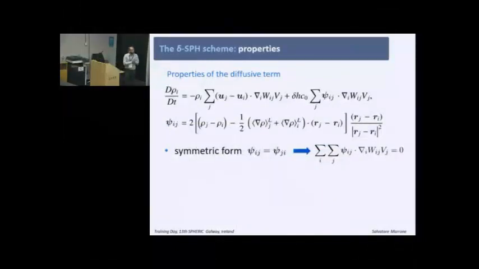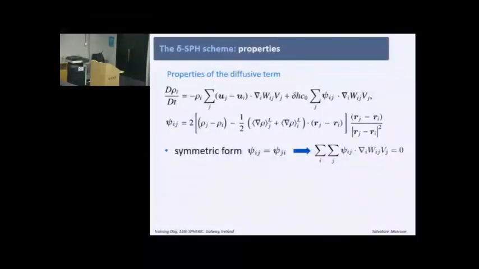Another thing, just a few words about the properties of this diffusive term. As I said, it's symmetric, so Psi-ij is equal to Psi-ji, and the sum over all the diffusive terms is equal to 0 due to the cancellation of terms, okay?